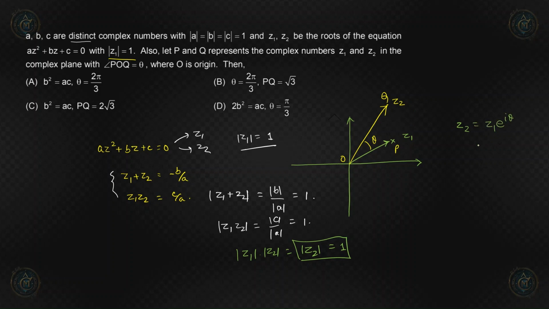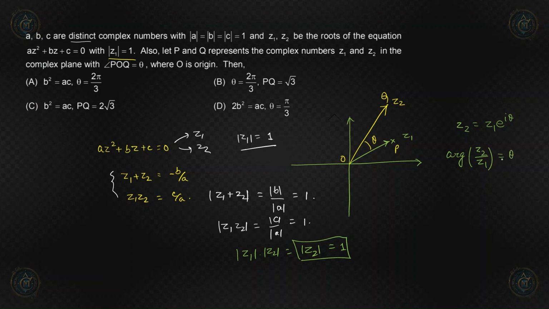Why? Because we have the angle between these two vectors. Argument of this vector minus argument of this vector, we can write as argument of z2 minus 0 divided by z1 minus 0, that means z2 by z1. This argument is equal to theta.